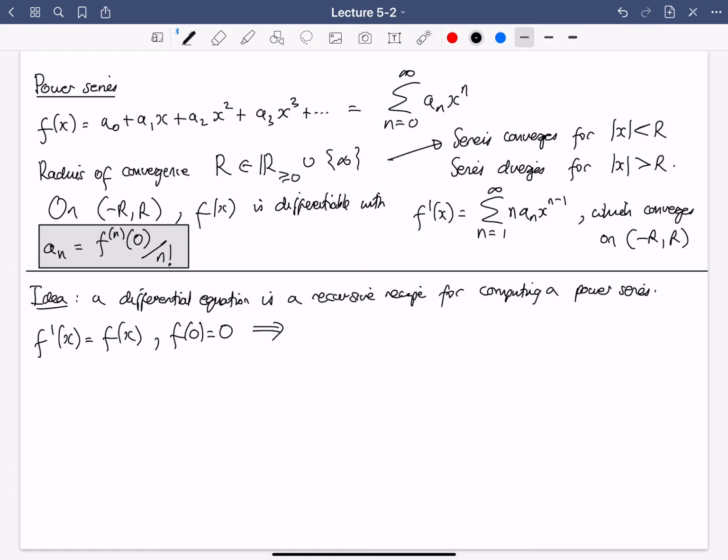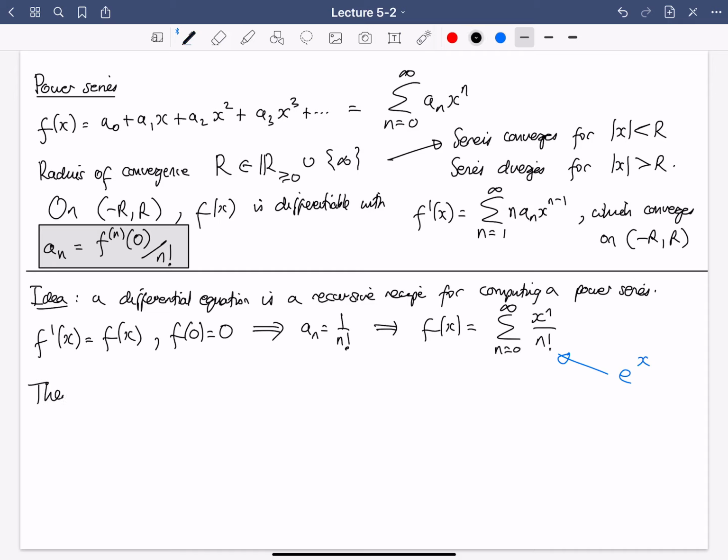So in that case, using this formula, if you assume that f of x is defined by a power series, you work out what the power series has to be. a_n has to be 1 over n factorial, and so your function has to be equal to the power series sum as n goes from 0 to infinity of x to the n over n factorial, which of course you recognize, that's our e to the x power series.